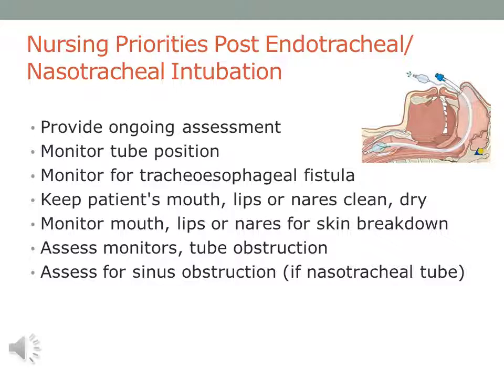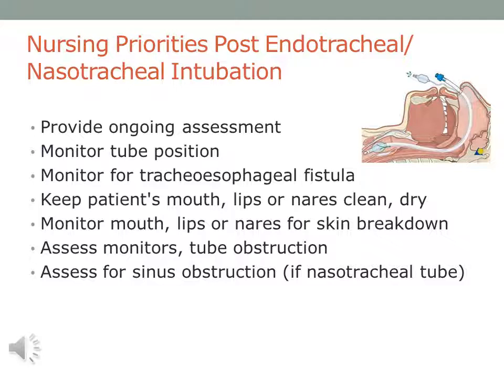We're going to be watching for a tracheoesophageal fistula, which would mean that we'd get constant pressure from that tube being exerted on the tissues. And with that constant pressure, it can cause the inflammatory process to kick in. It can cause irritation. And that can actually lead to a breakdown of the trachea.